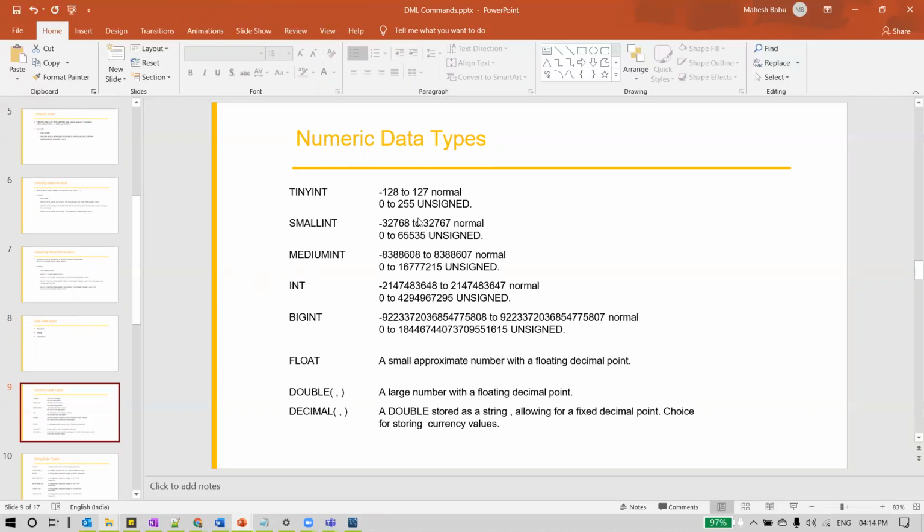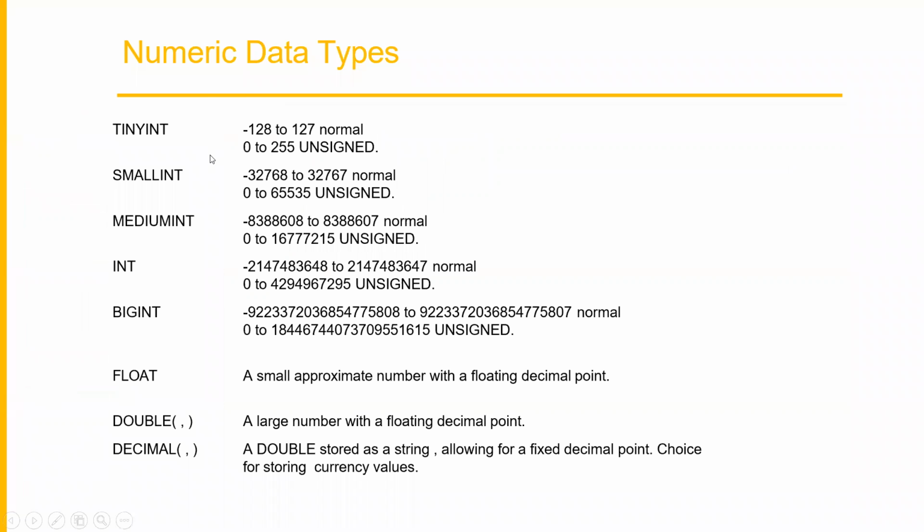You can see it here. If you already know that your column will not store big values, it will only store small values which fall under the range from 0 to 255, you can just declare your column as tiny int. Int represents integer.